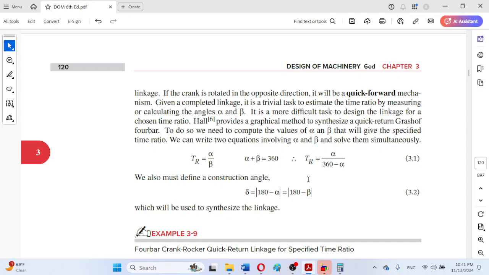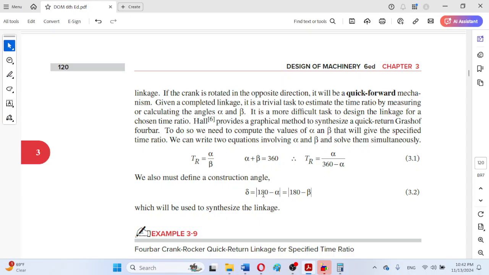And as we can observe here, we will be defining the term delta. At 180 degrees, if the throw in the forward or in the reverse stroke were exactly 180 degrees, then it would give the non-quick return.